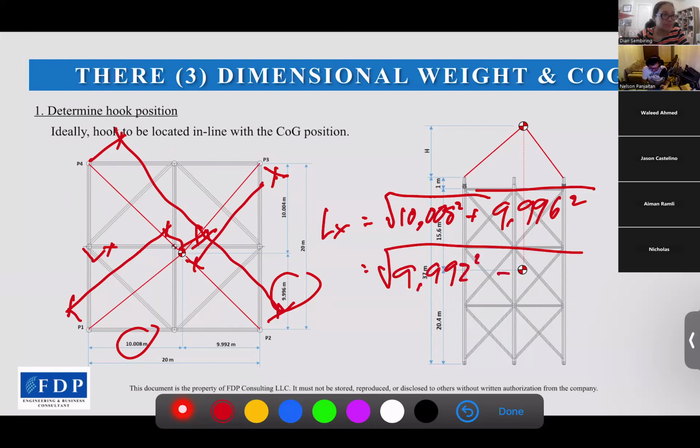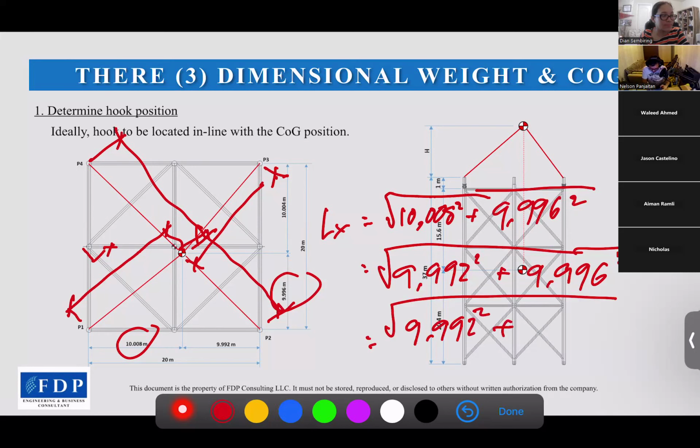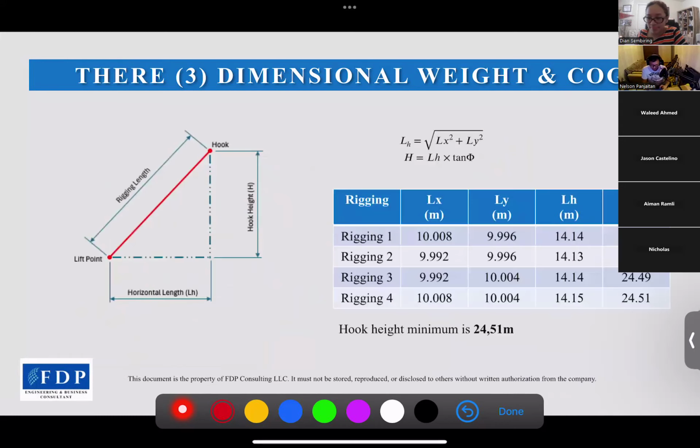And also with rigging 3, we can find it with the square root of 9.2 squared plus, for the horizontal length of the rigging. Horizontal length of the rigging.